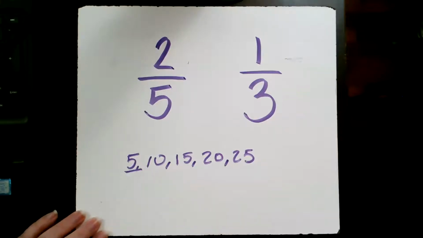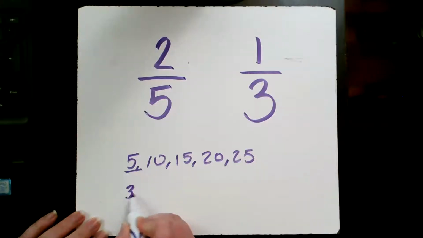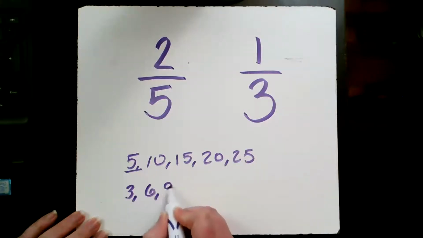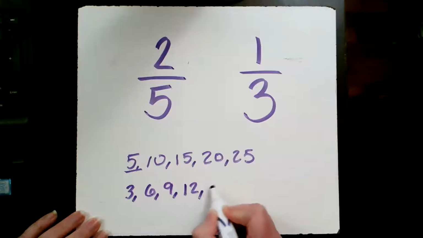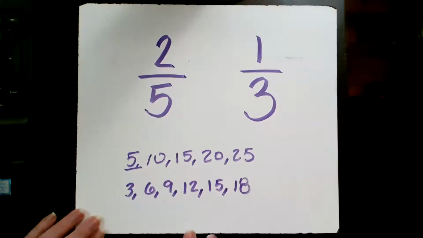Because we started with 5. Now underneath, I'm going to write the multiples of 3. 3, 6, 9, 12, 15, 18. I'm going to stop there for now. So we have our multiples of 5 and multiples of 3.